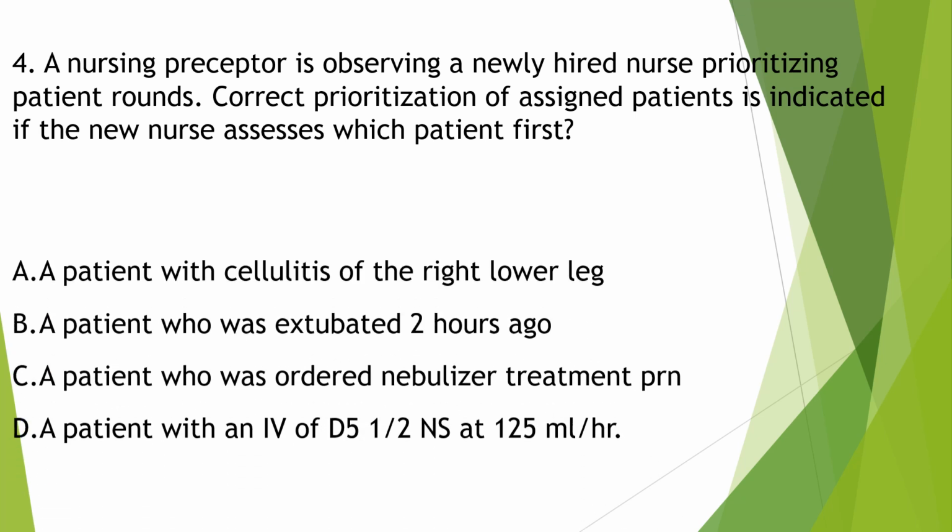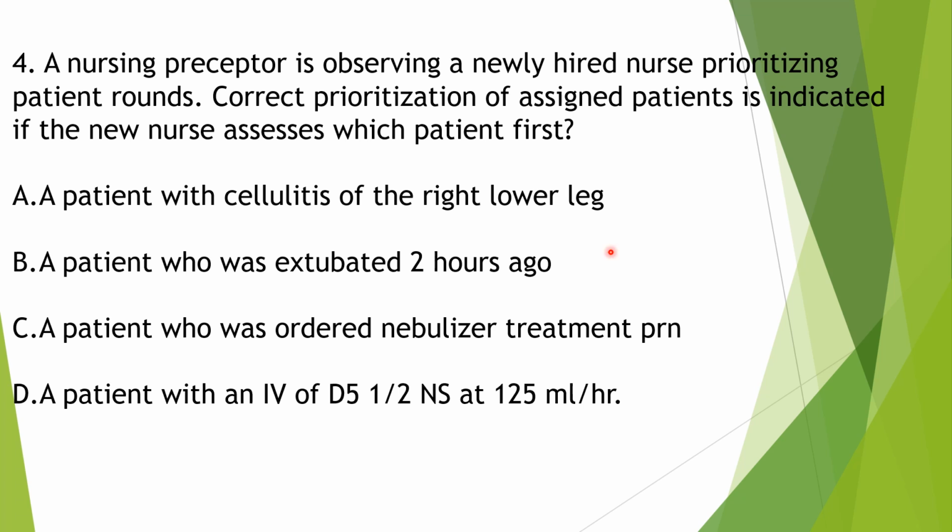Let's see the options. A patient with cellulitis of the right lower leg, a patient who was extubated 2 hours ago, a patient who was ordered nebulizer treatment as required, a patient with an IV of D5 half NS at 125 ml per hour.